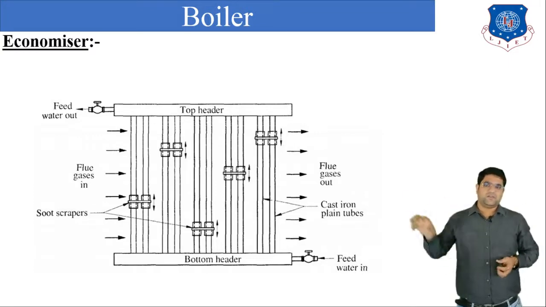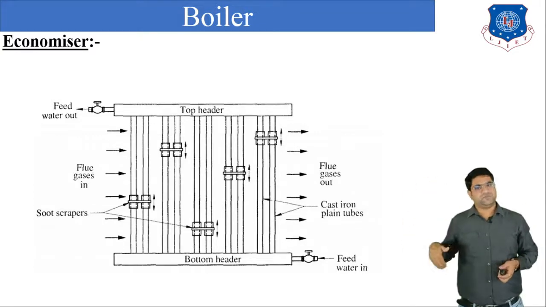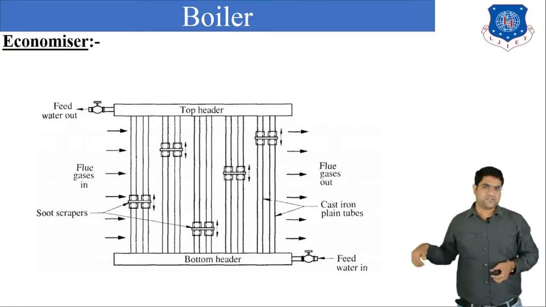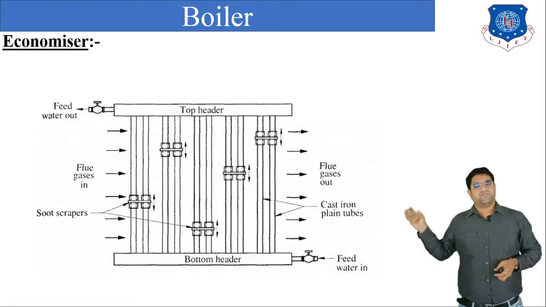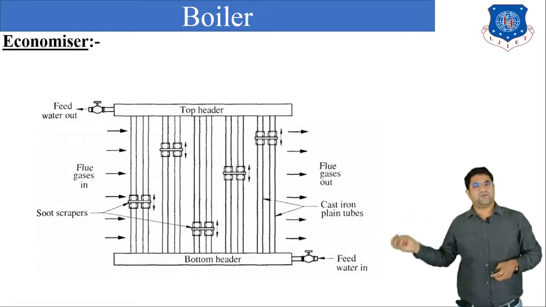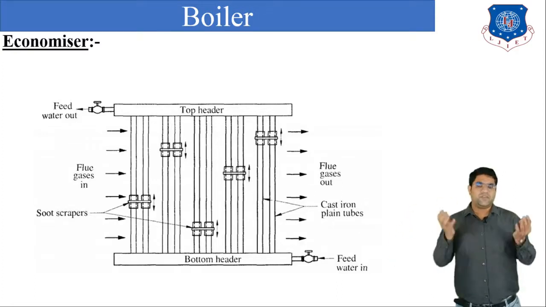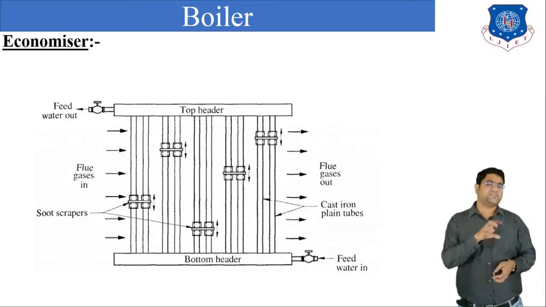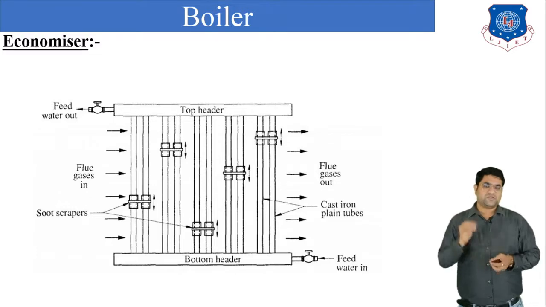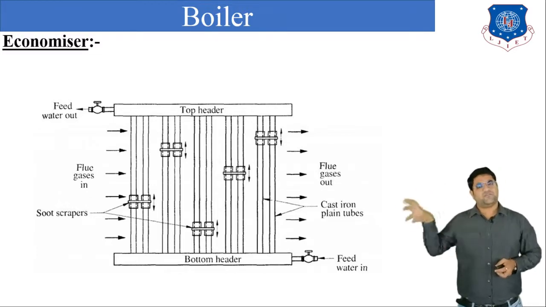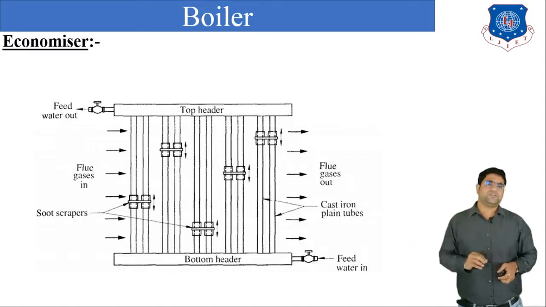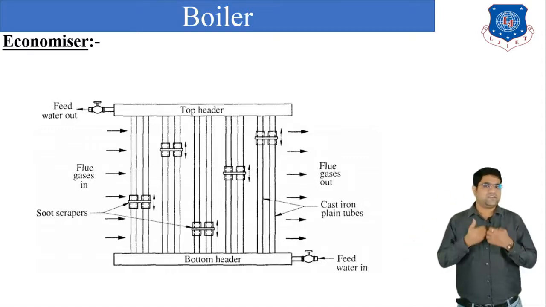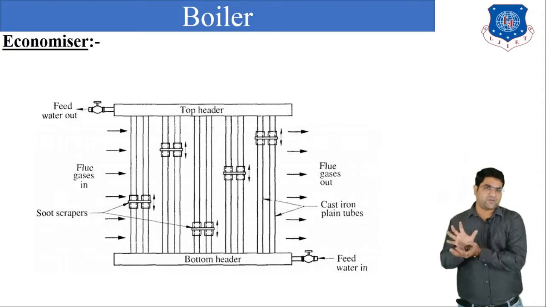Now if the atmospheric temperature is very low, then the water will have a very low temperature. And if we provide 5 or 6 degrees Celsius water to the boiler, then we have to burn more fuel to heat up that water. So if we heat up that water by using the flue gases, then we can increase its temperature.